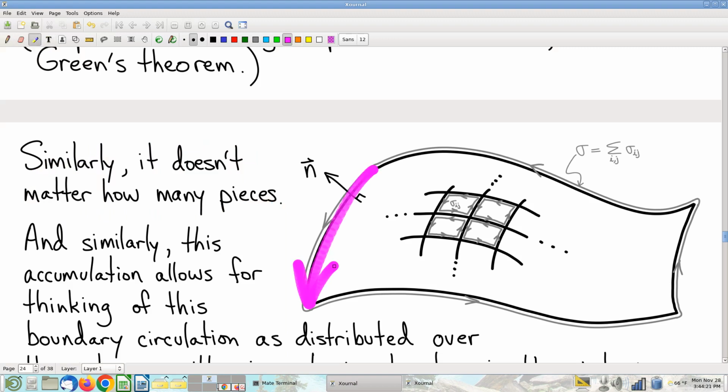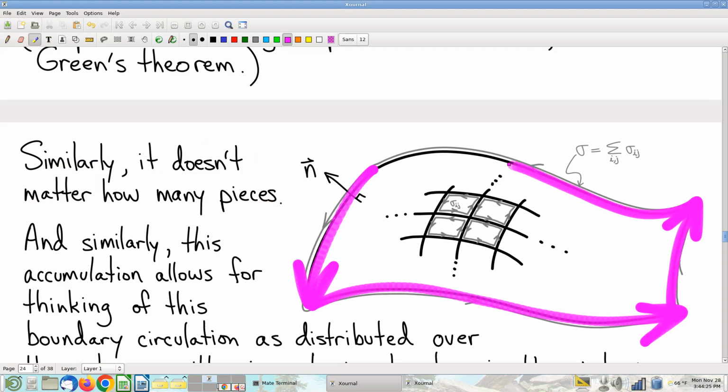I've made this observation before, but even though we compute boundary circulation on the boundary, thus the name, boundary circulation, you can choose to think of that boundary circulation as actually coming from pieces in the interior, right?